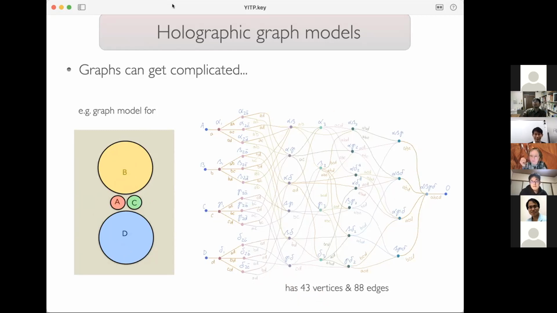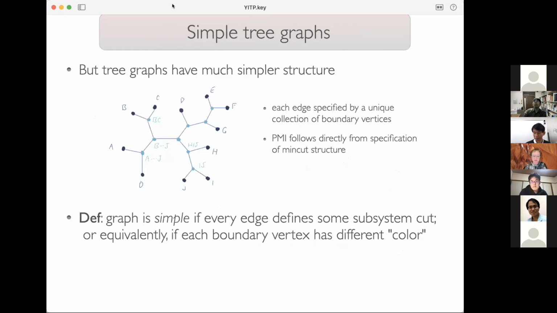So they would not be very useful, but there are simpler graphs which behave very nicely. Those graphs are so-called tree graphs. They don't have any of these cycles. And in fact, tree graphs which are simple are ones where each edge is homologous to some subsystem.